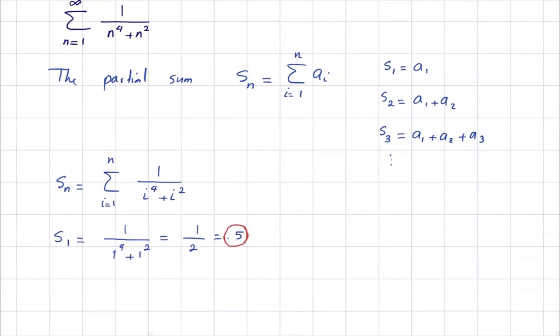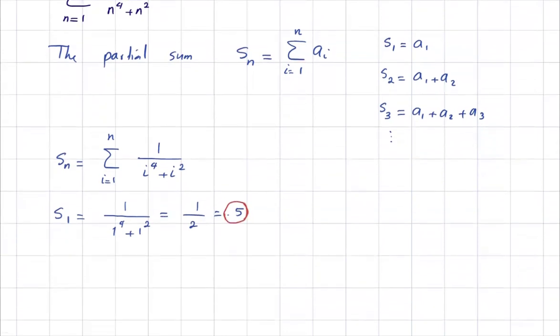What about S sub 2? S sub 2 is equal to S sub 1 plus, so let me write down everything. This is the summation, i starts from 1 and goes to 2, of 1 divided by i to the 4th plus i squared. When you plug in 1, you get 1 divided by 1 to the 4th plus 1 squared. And when you plug in 2, you get 1 divided by 2 to the 4th plus 2 squared.